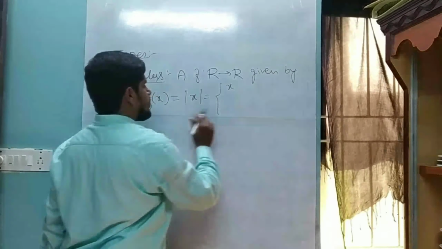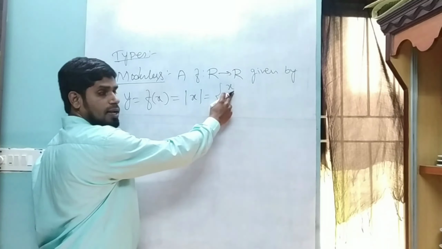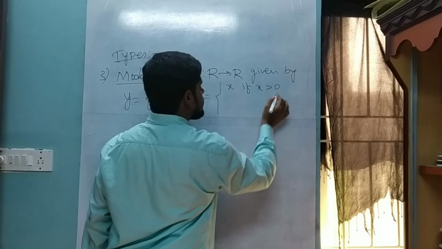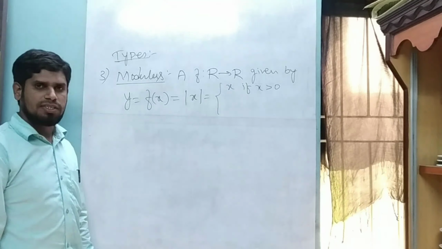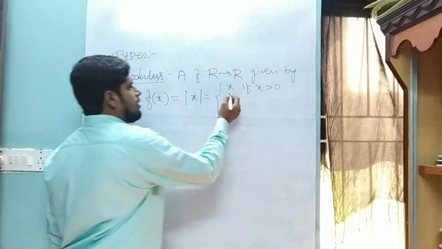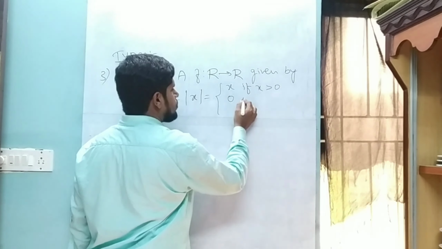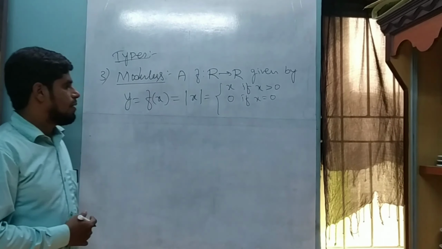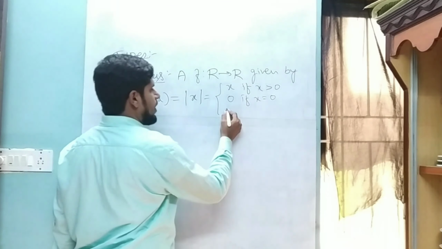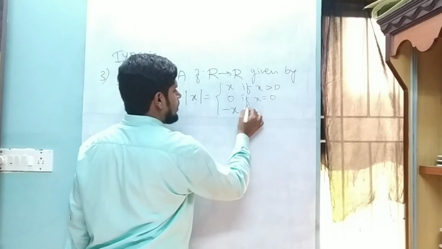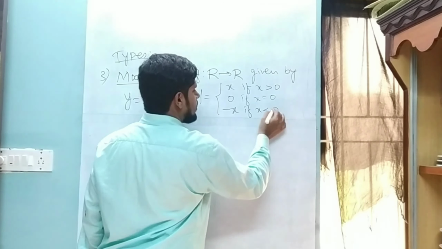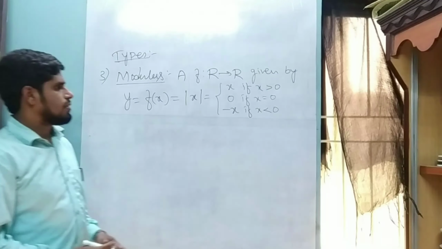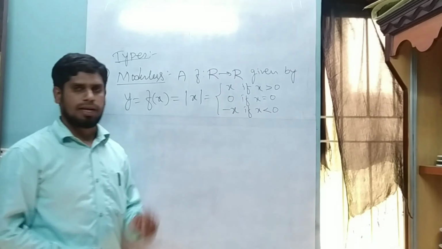When x is greater than 0, or equal to 0, then no doubt it is 0 only. But if I am taking any negative value, then it says that its function is minus x.